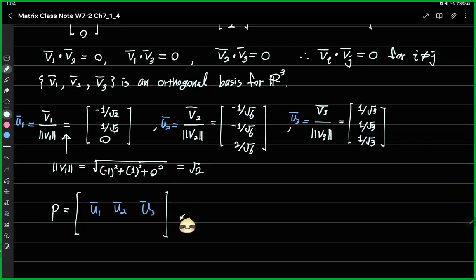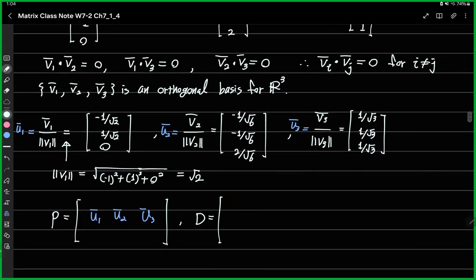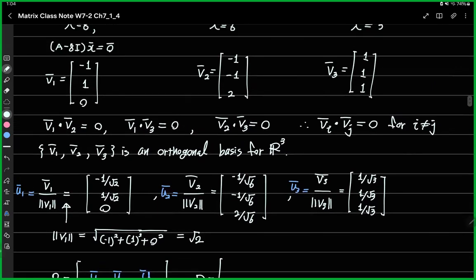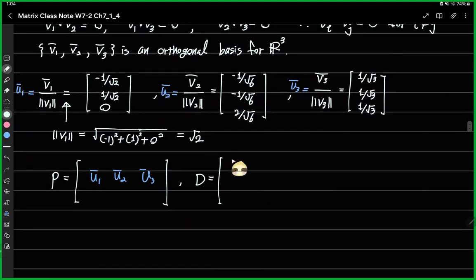And then for matrix D, we construct the diagonal matrix using the eigenvalues 8, 6, and 3. Then PDP inverse. By the way, this is an orthogonal matrix, right?